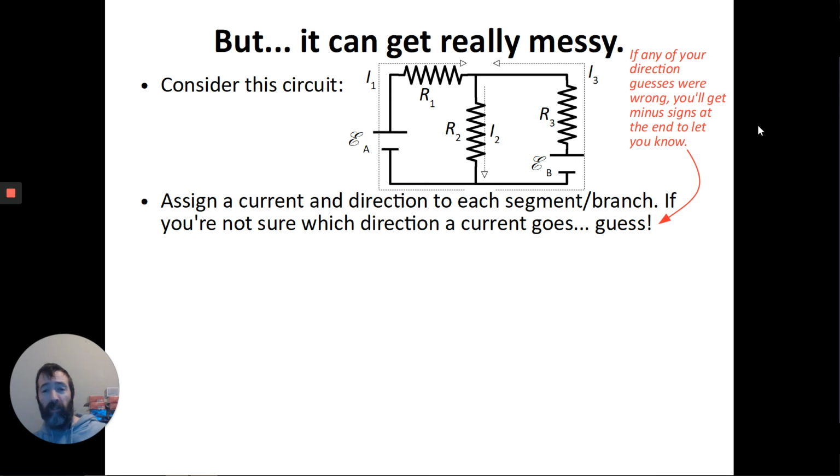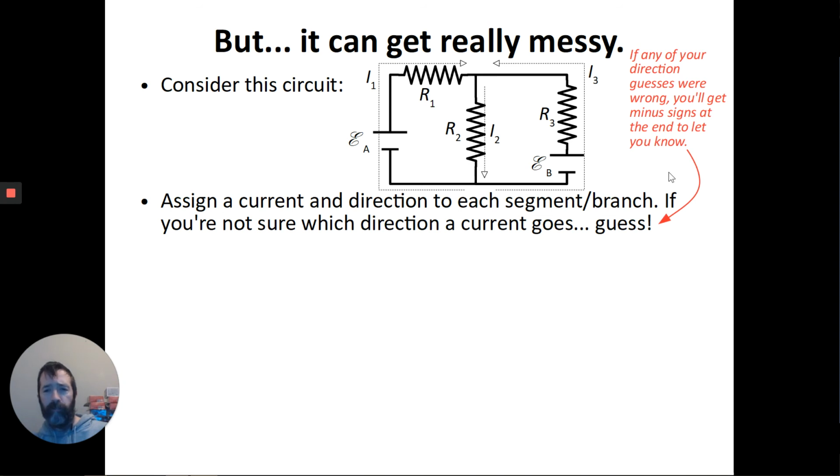And you have to assign a direction for each current also. You're not necessarily going to know the directions for the currents ahead of time, so just make a guess. I can see that both of the batteries are facing up, so I chose to make the currents go up. And then when the currents merge here, they would flow down together and then split again. But potentially, if battery A is 1,000 volts and battery B is only 1 volt or something silly like that, then I might have guessed incorrectly for these directions.